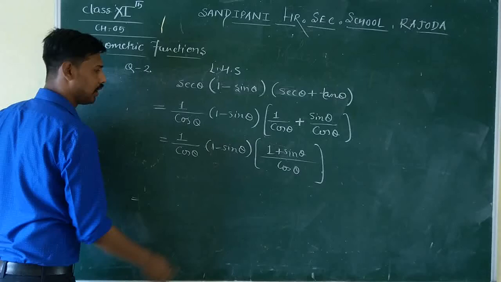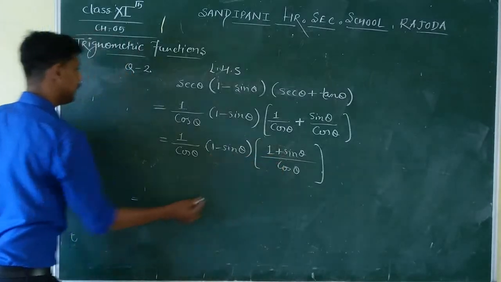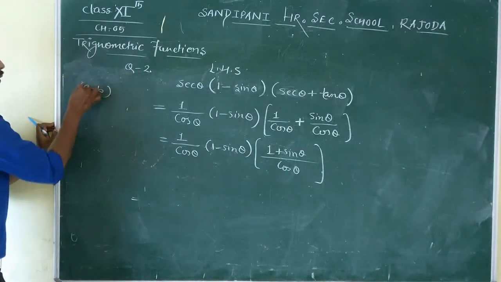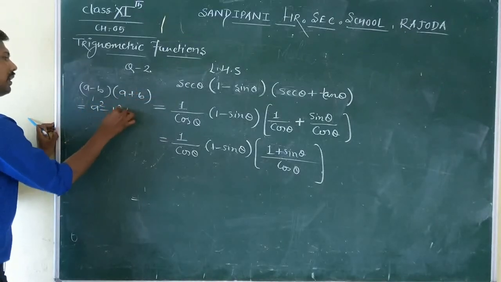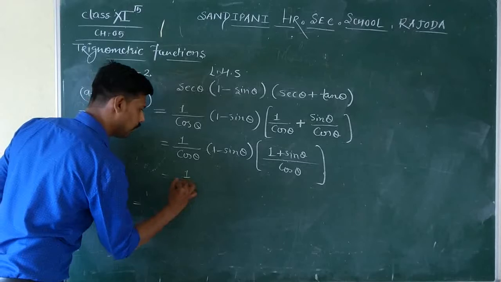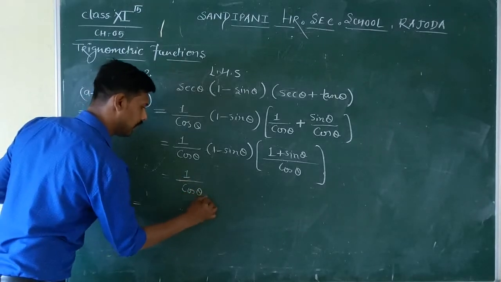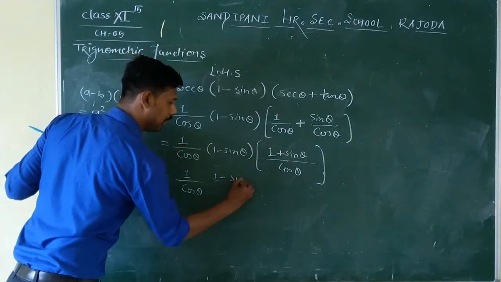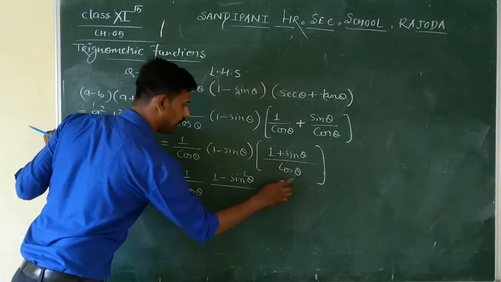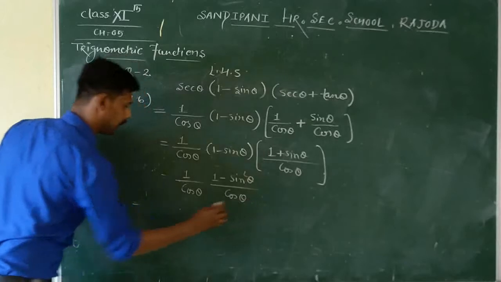You know the formula: a minus b, a plus b will be equal to a square minus b square, such that 1 by cos theta into a square minus b square, whole by cos theta.